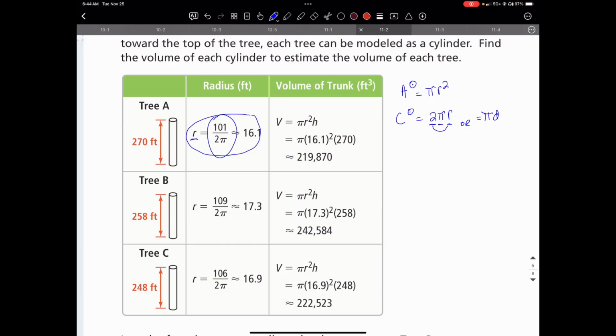So they're saying, okay, if the circumference on the first one is 101, then to find what the radius is, right?